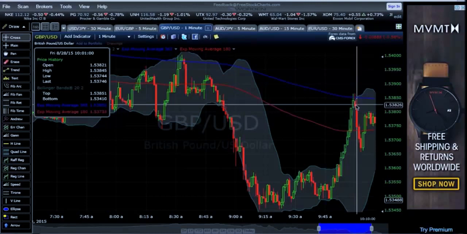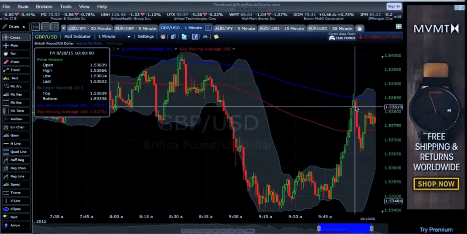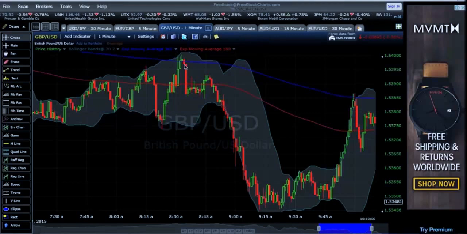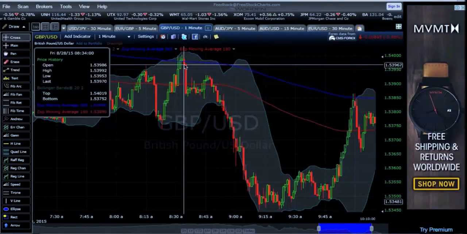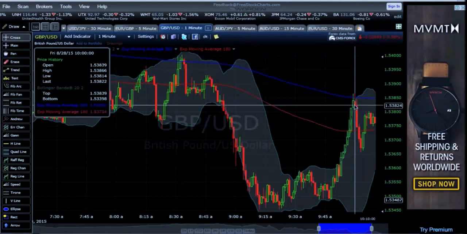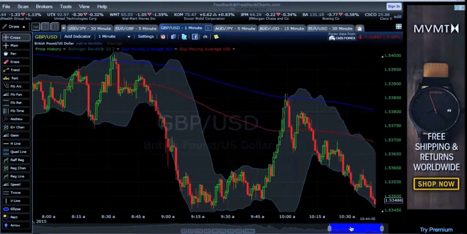At 10 a.m. it closed at 1.53822, and our strike rate was 1.53967, which is around a 10 pip win. Beautifully done.